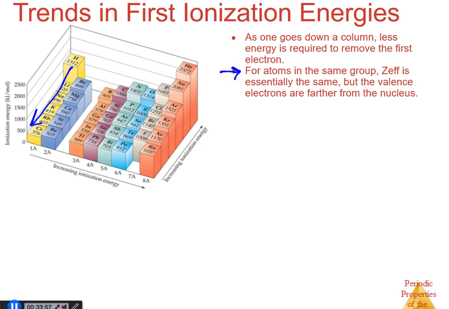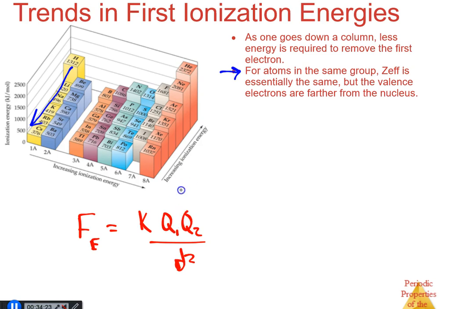We don't talk about this much in chemistry, but we do in physics. This is all really based on Coulomb's law, which says that the electromagnetic force is equal to K, which is a constant, Q1 Q2 over R squared, or just to make it easier, we'll call it d squared, the distance.